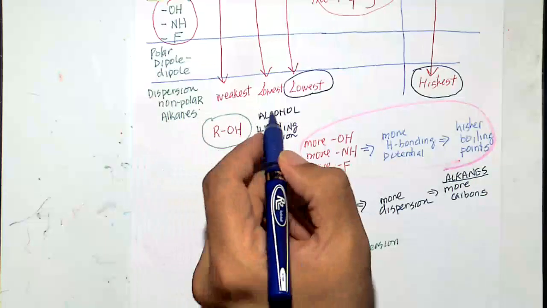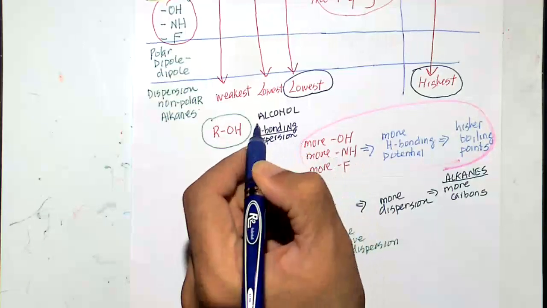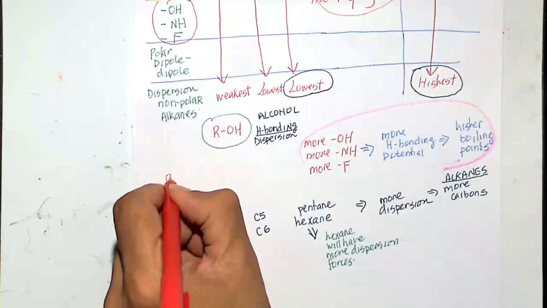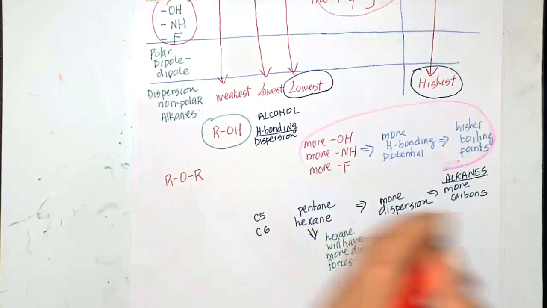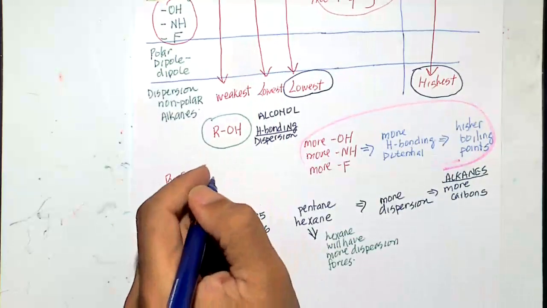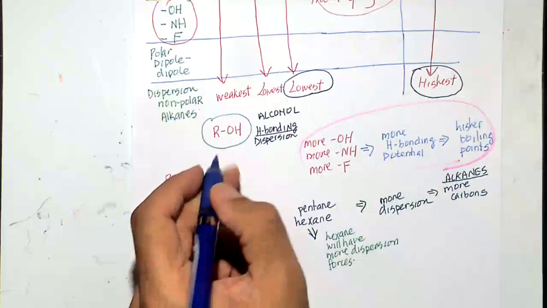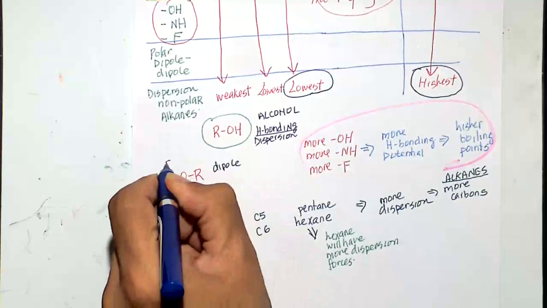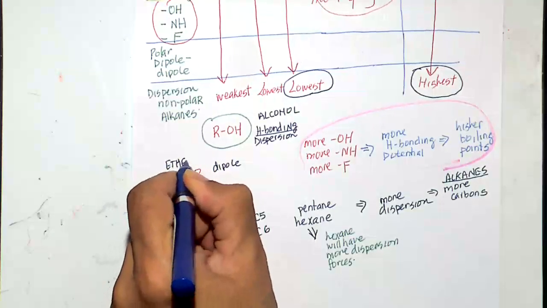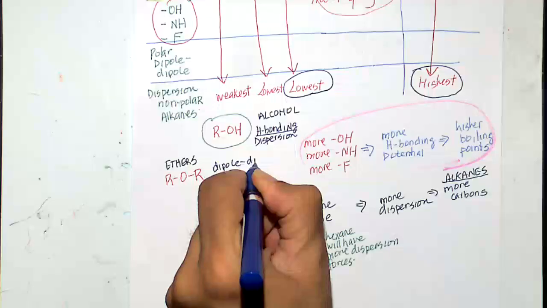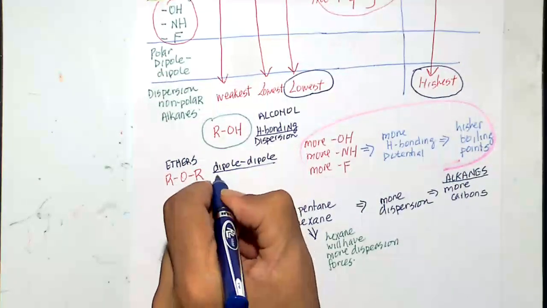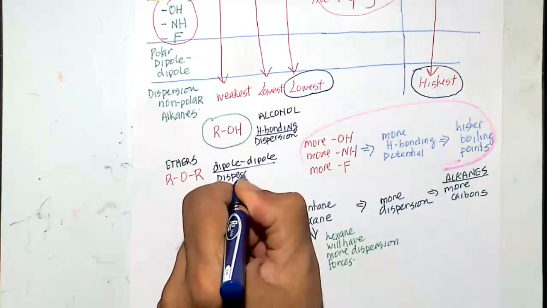For the alcohols, the driving intermolecular force is hydrogen bonding. For the ethers, the driving intermolecular force is dipole-dipole, okay? But there's also dispersion. That's the driving one, but this also has dispersion.